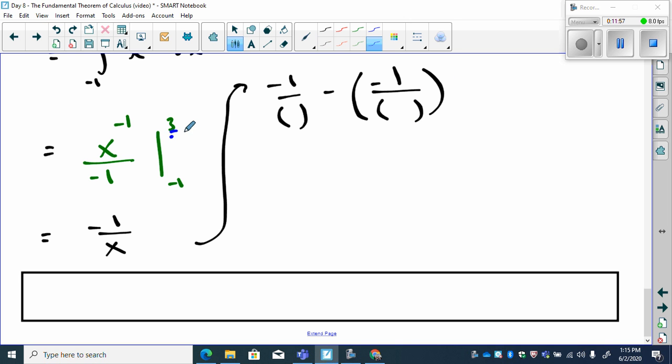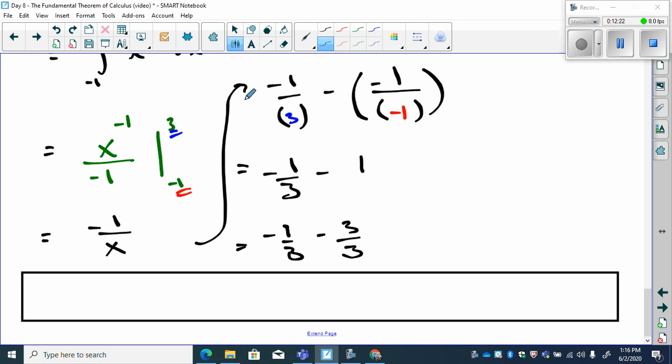So I'd fill the 3 in here, capital F at b, the antiderivative at my b value, minus capital F at a, fill my -1 in here. So this is going to equal -1/3 minus -1 divided by -1, that's a +1, so I'd have -1. So I get -1/3 minus 3/3, which would give me -4/3.